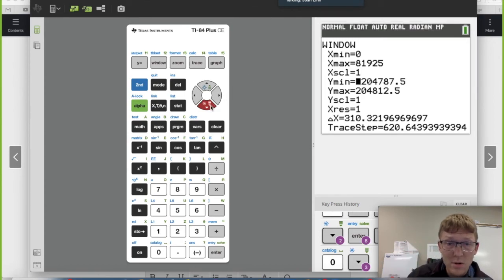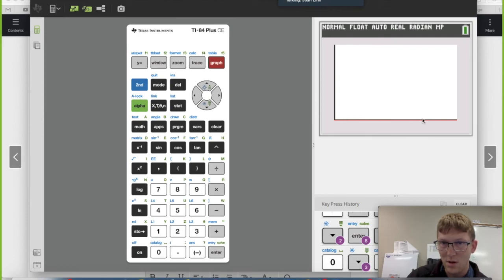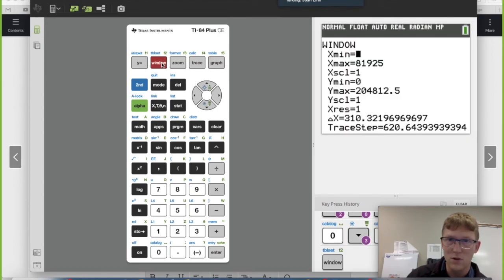Our y minimum, again, we don't need negatives. So let's see what that does to our graph. Okay, all my graphs are right there, so I'm way too high. I want to see more of the y. I need to zoom in for that. So our y maximum is probably much too high.